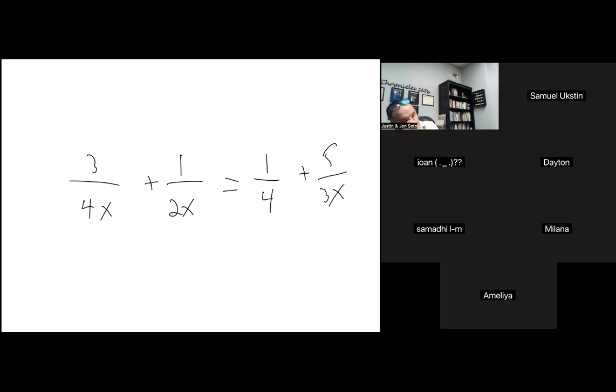But I want you to try this problem, and I want you to solve for x by clearing out that denominator. Send me over an answer when you got it. Solving for x.